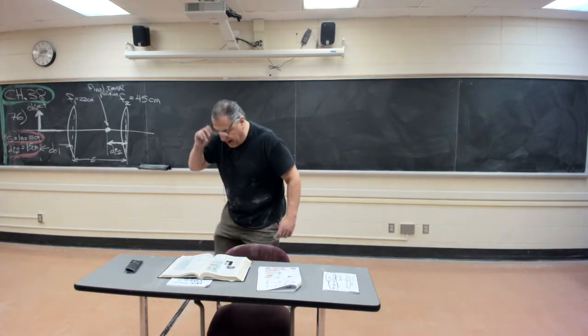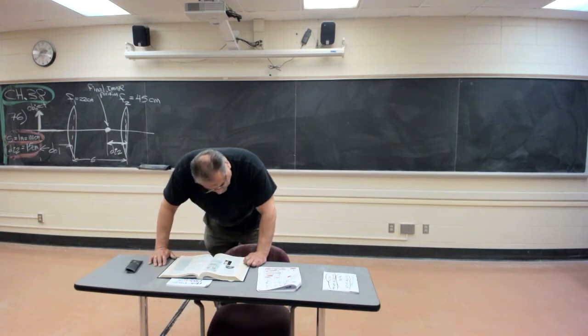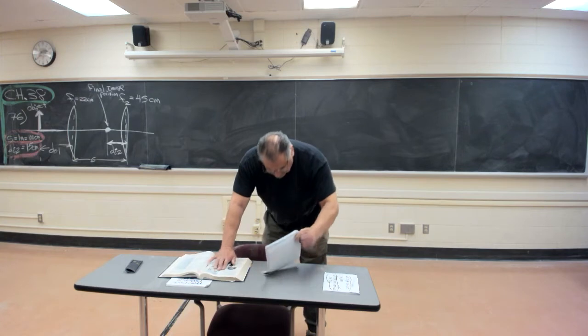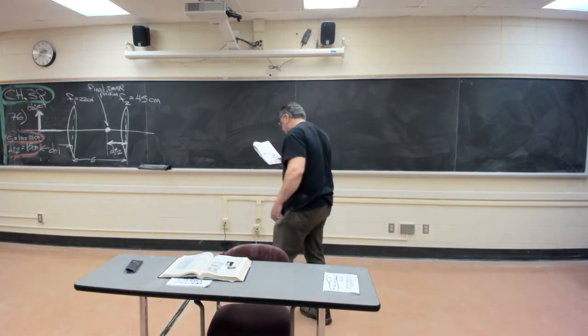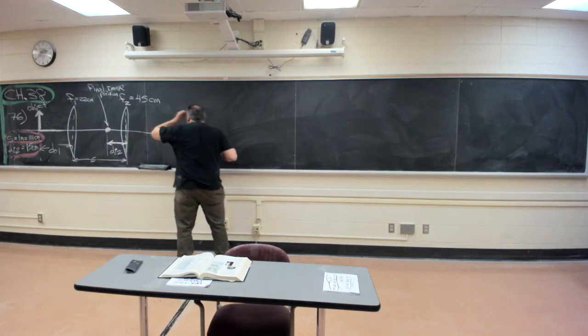So if you want to be careful about it, that should be a negative 15. We'll talk about that when we get to it. We'll make that change pretty quickly. Let's just take it when we do this, and see where it goes.